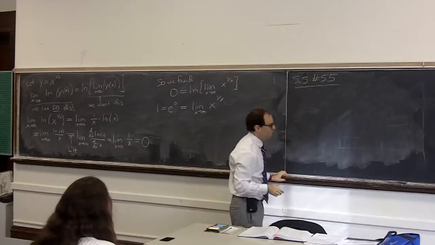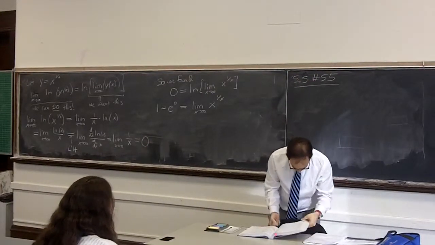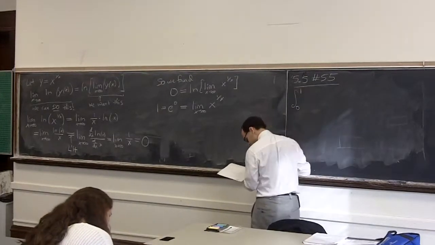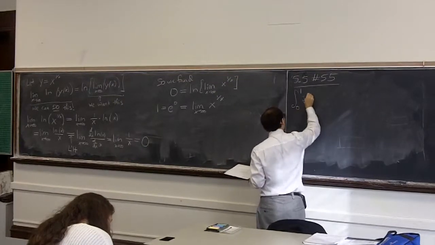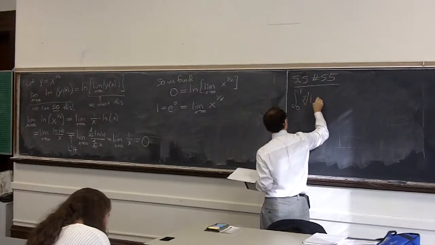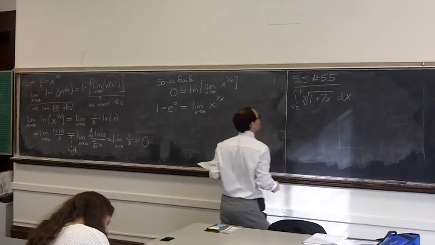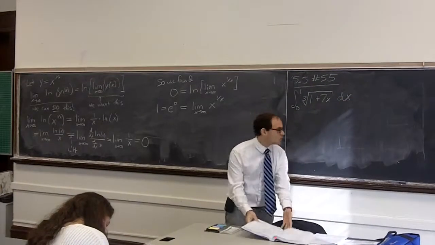Okay. All fives. All right. So this is the integral from 0 to 1 of cube root of 1 plus 7x dx. And your job is to evaluate this.